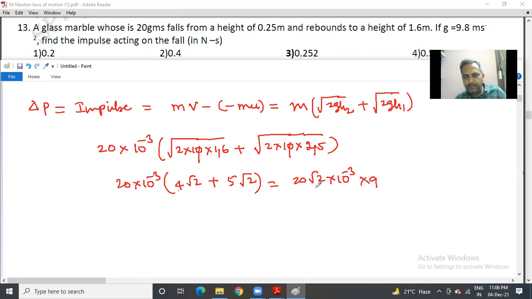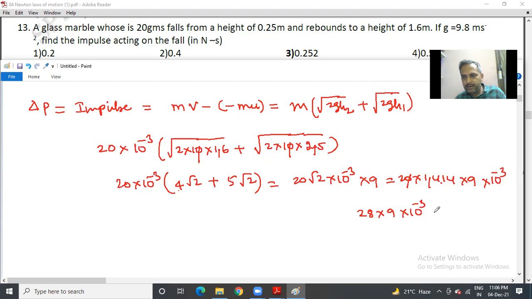So this is going to be 200 into 1.414 into 9 into 10 to the power of minus 3. So this will be roughly 282.8 into 9 into 10 to the power of minus 3.